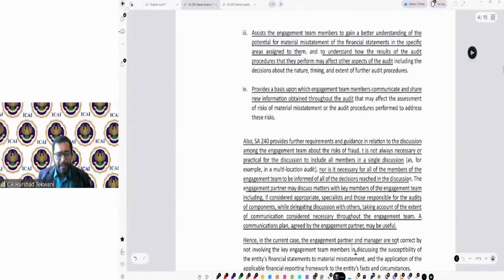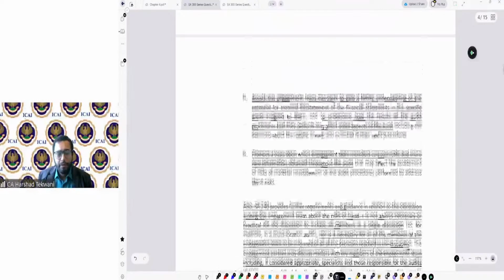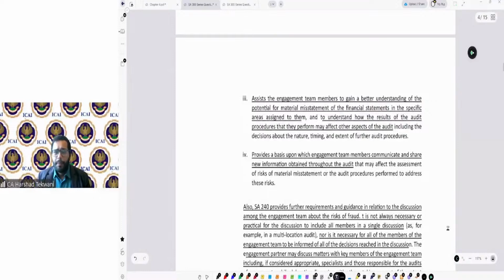Hence, in the current case, the engagement partner and manager are not correct in not involving key team members in discussing the susceptibility of the entity's financial statements to material misstatement and the application of the applicable financial reporting framework to the entity's facts and circumstances. Clear with the answer, guys? Any doubt?